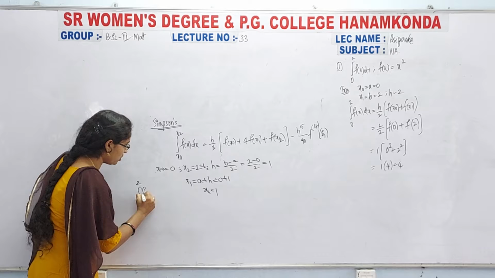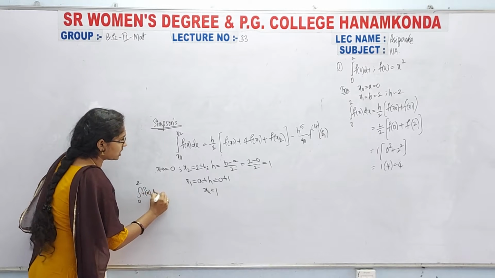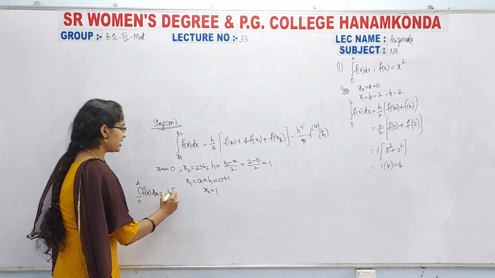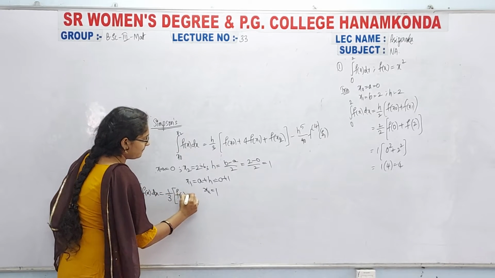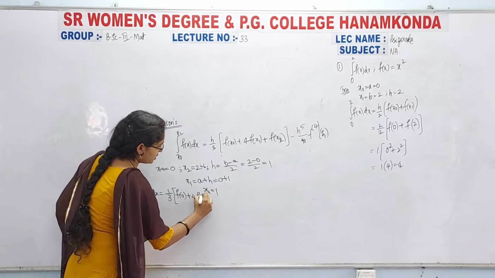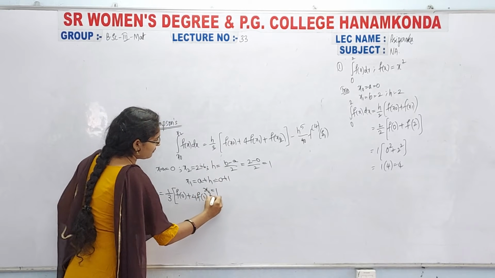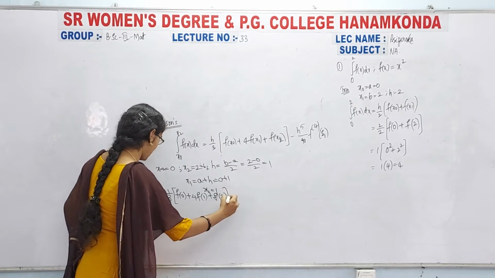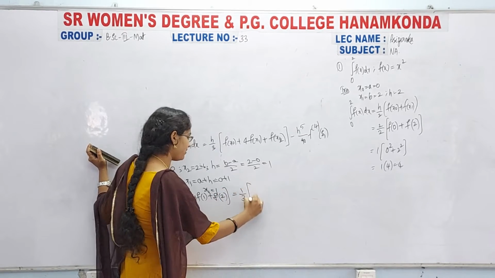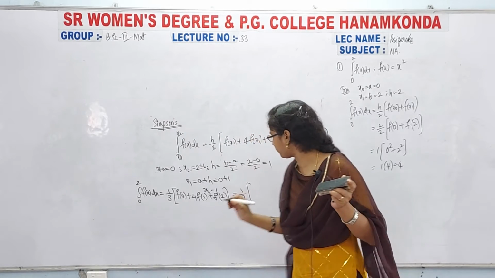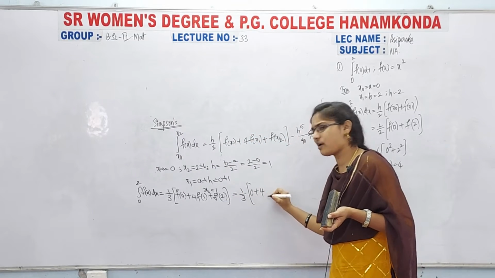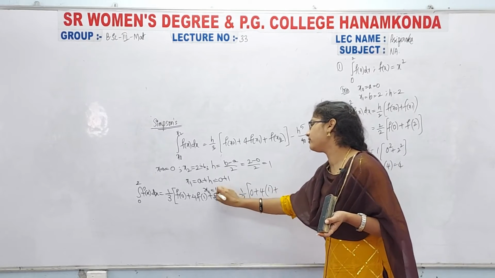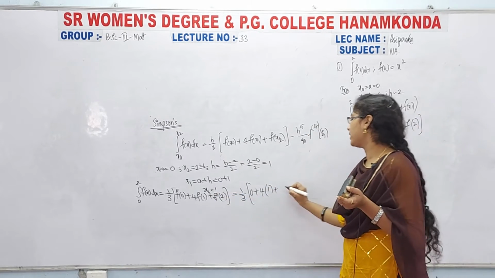Now what is the formula? Integral 0 to 2 f of x dx is equal to h, which is 1 by 3, of f of x0, that is f of 0, plus 4 into f of x1, that is f of 1, plus f of x2, where x2 value is 2. Okay, now it is equal to 1 by 3 of f of 0, which is 0, plus 4 of f of 1, which is 1 square, that means 1, plus f of 2, which is 2 square, that means 4.